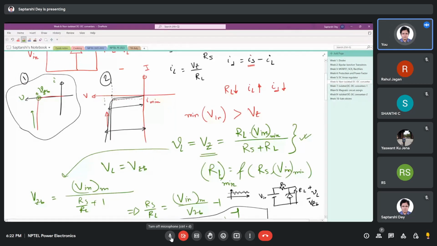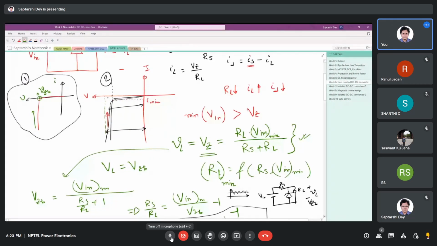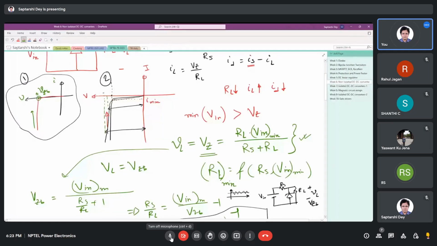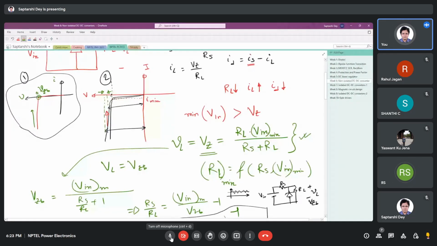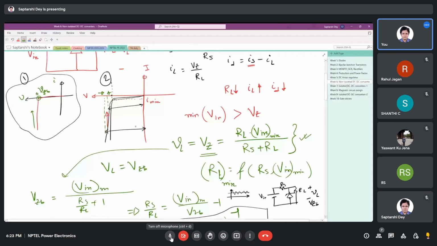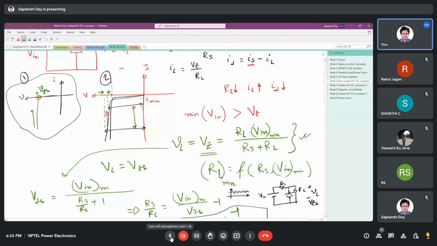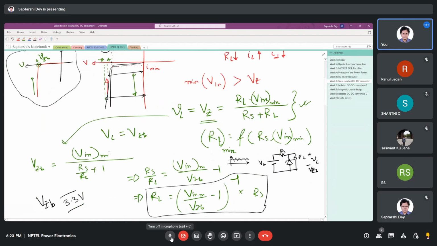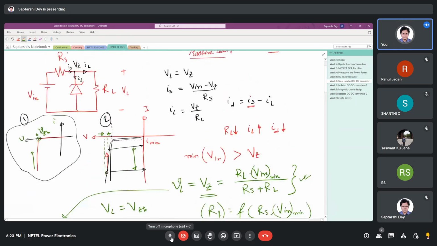Depending on how much tolerance you can permit at the load voltage. Depending on that, you can calculate the range of current that you can have, sorry, not at the load, in the Zener diode. Since you already know the load, you have to calculate this RS.